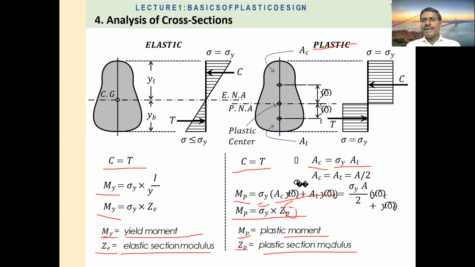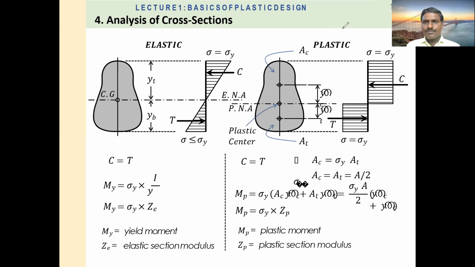So by using this behavior of material, that is stress and strain, we calculate the yield moment and plastic moment using the elastic section modulus and plastic section modulus. So this is the analysis.